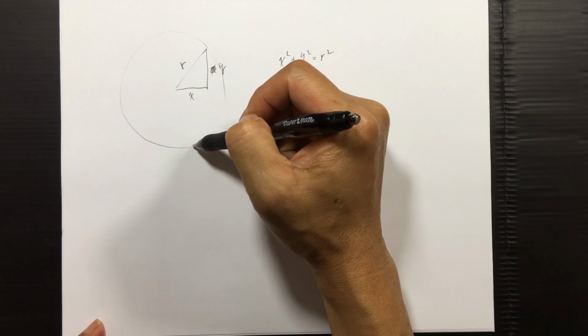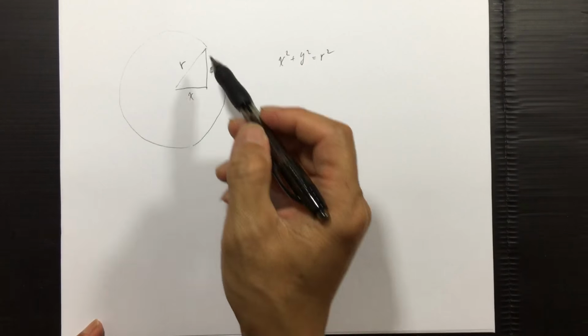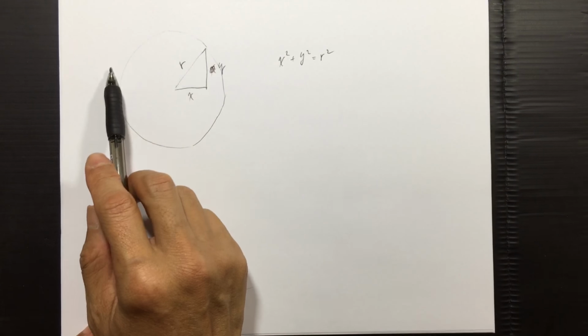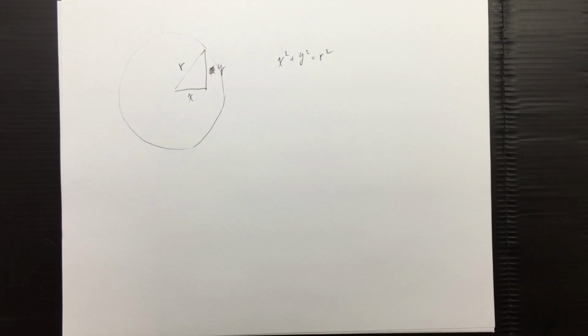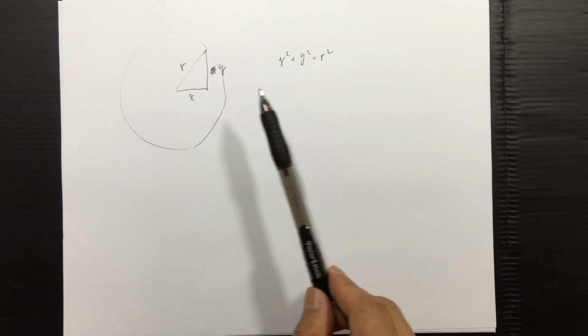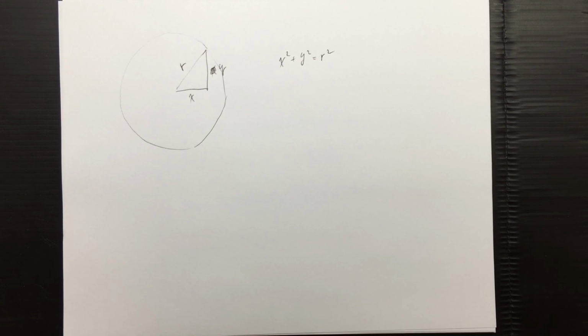When this thing goes around, that forms a circle. Every point on the circle satisfies this equation. So x squared plus y squared equal to r squared. That's a circle.